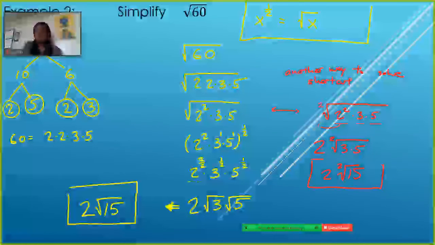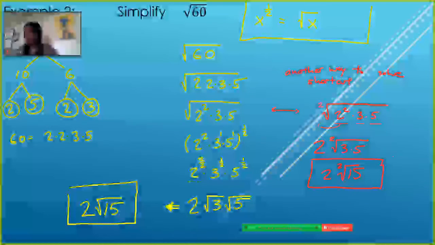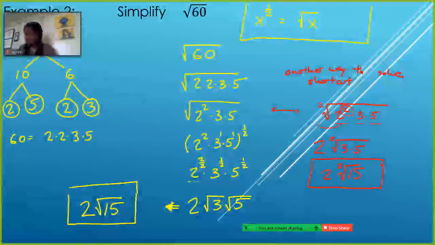When we do it in the yellow way, the first way I showed you, I'm showing you all the steps using our actual legitimate power rules, exponent rules. This red way on the right, I'm kind of cutting some corners, but I am using those rules despite cutting corners. What's happening is I'm looking for powers like this one here, 2 to the second, right? That matches up with my root.